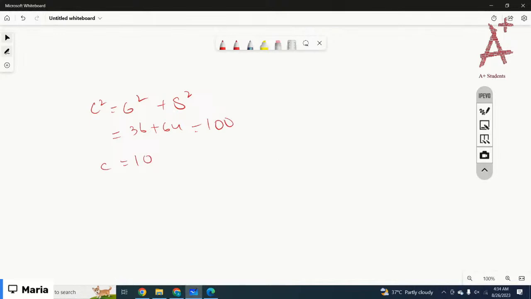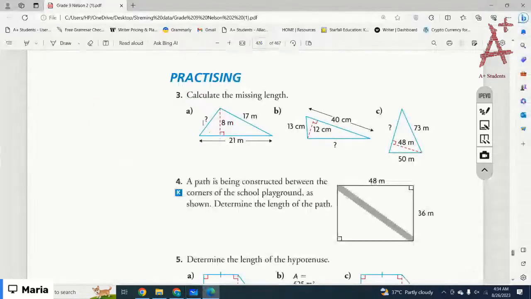So c equals 10. That means the missing side is 10, right? So this one is 10.